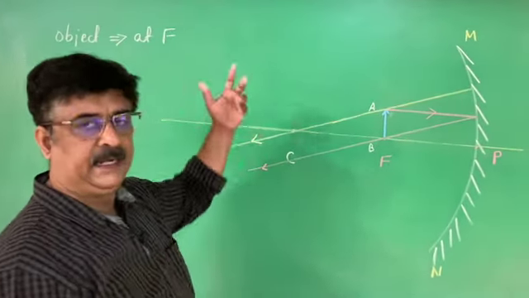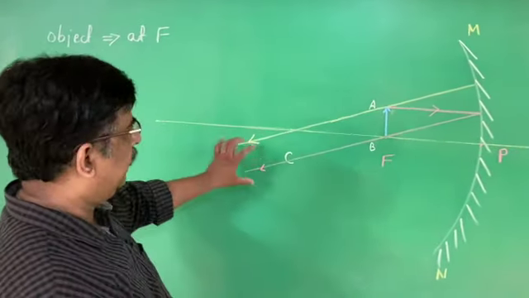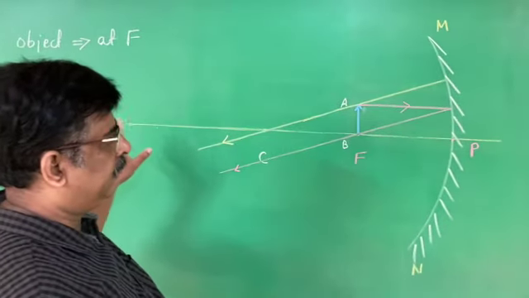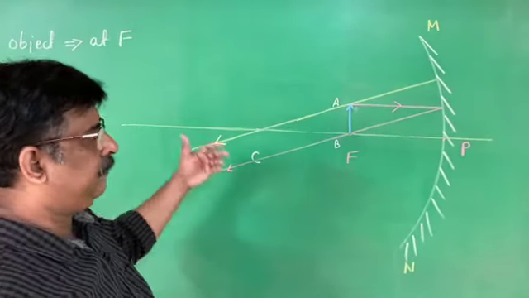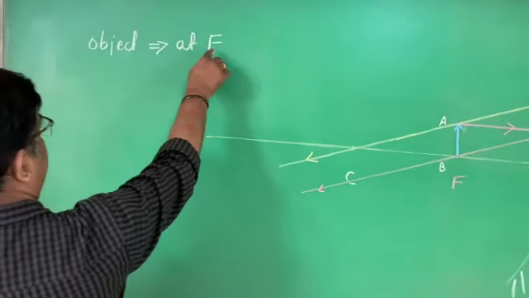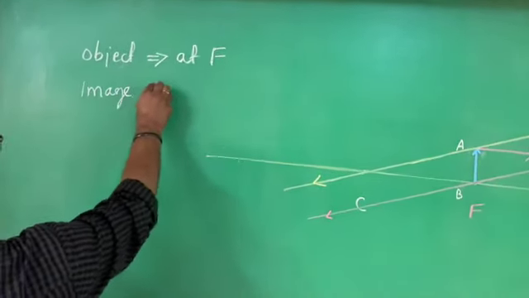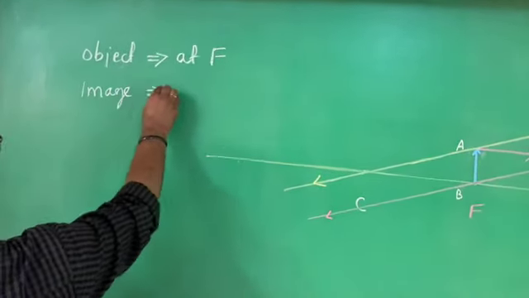Real images are inverted, we know that. And the image is going to form at a very far distance. Therefore, the concluding part is, when the object is placed at F, the image is going to form at infinity.